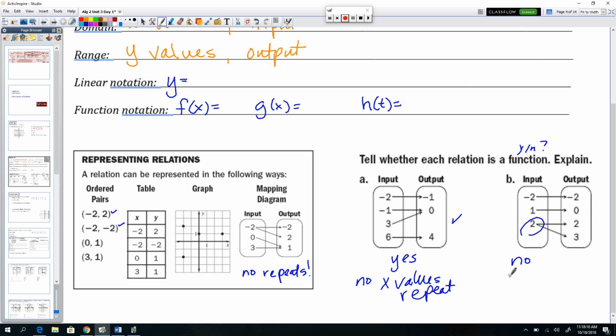If you would like on your quiz or test to use this verbiage, no x values repeat, or if you want to say the x value of 2 repeats, I would take that as an explanation. If you wanted to say one input causes more than one output, I would take that as an explanation. Anything along those lines is a perfectly good justification for why you said no, this is not a function.